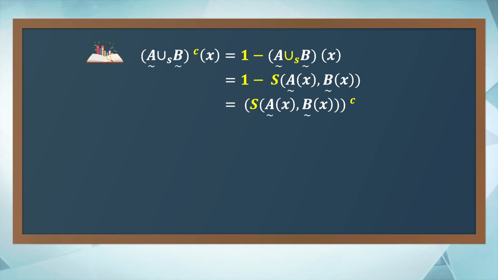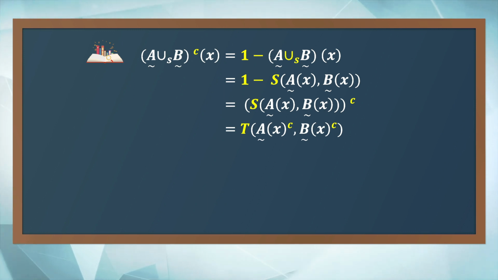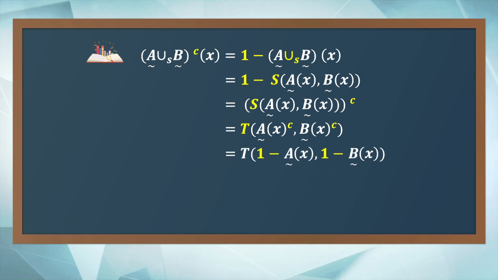By the duality of T-norm T and S-norm S, we have the complement of S of A(x) and B(x) equals T of the complement of A(x) and the complement of B(x). By the definition of complement of a real number in the closed interval from 0 to 1, the complement of A(x) is the same as 1 minus A(x).